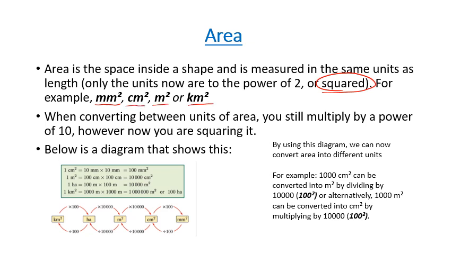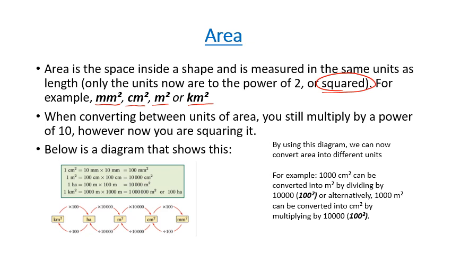So it's going to be the same units that you would use for the length of the side of that shape, but the area is actually units squared. And when you convert between the units of area, you still multiply by your powers of 10 like we did before, but this time you square whatever you're multiplying by.